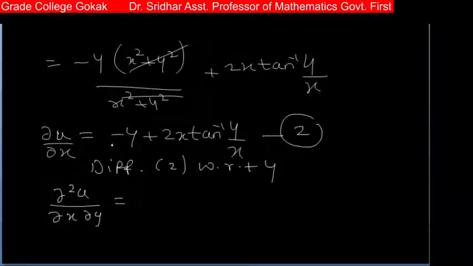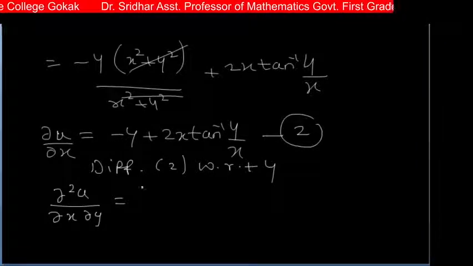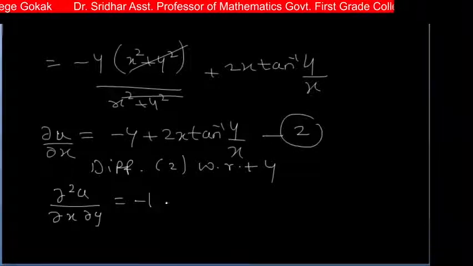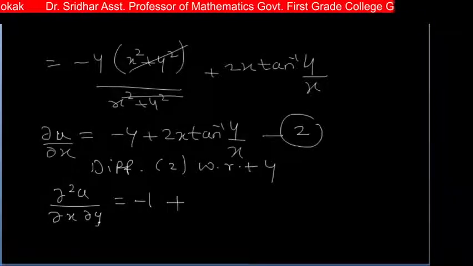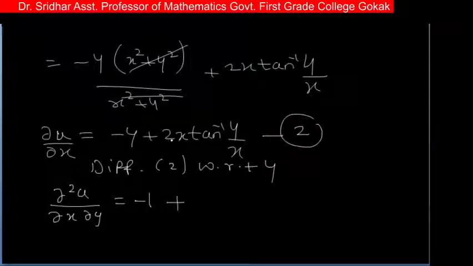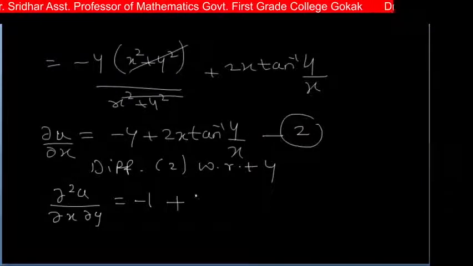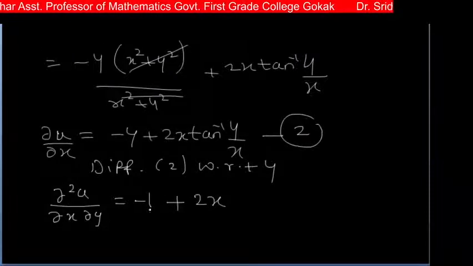So here differentiation of y with respect to y is 1, so it becomes minus 1. Then plus, since x is constant, 2x is as it is.